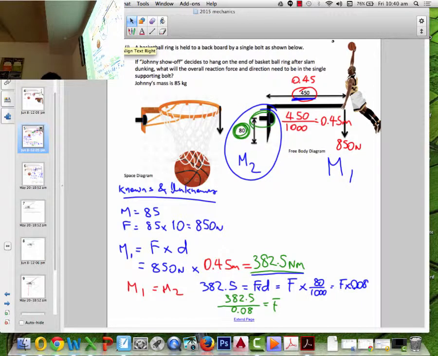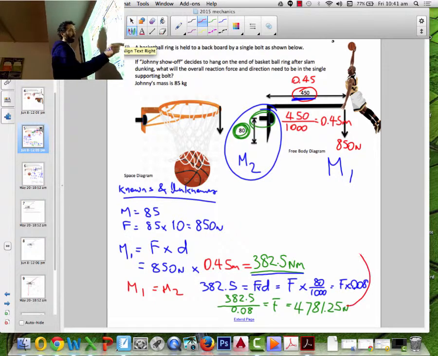In that case, 382.5 divided by 0.08 equals our magical number of 59,781.25 newtons. Okay, that means there's 4,781.25 newtons acting on the bolt.